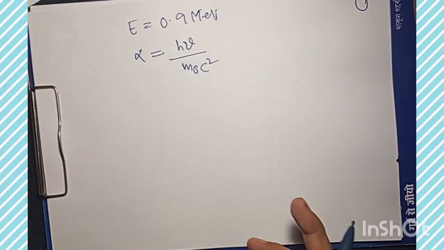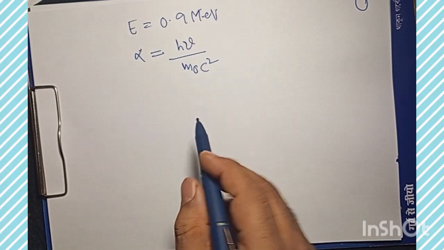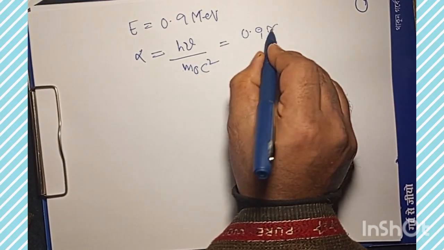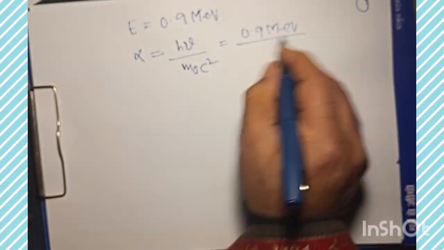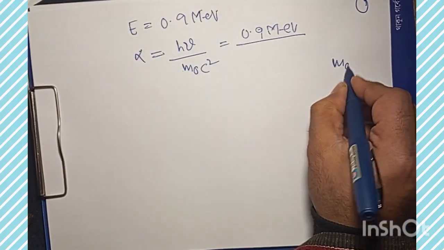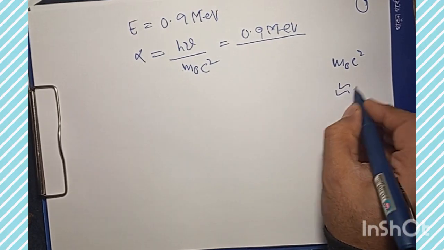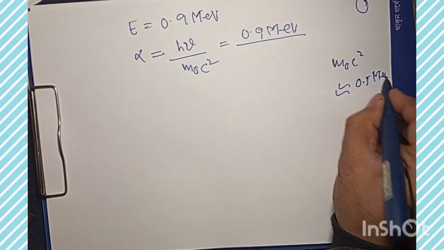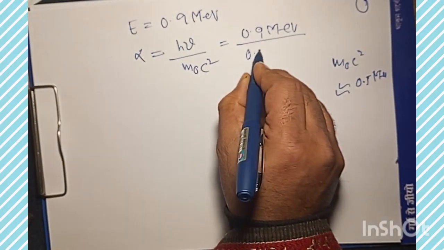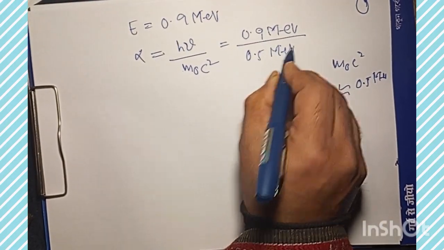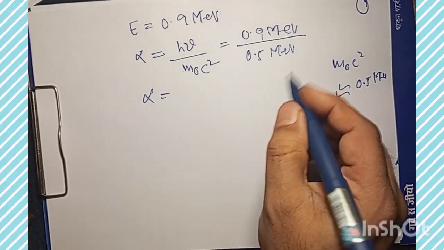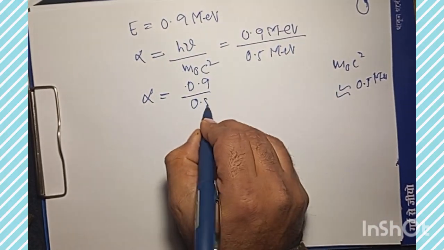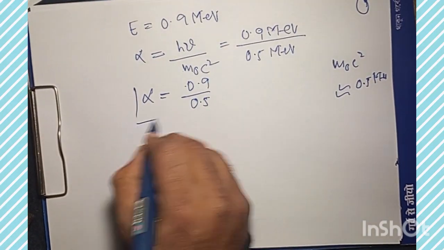So alpha is 0.9 mega electron volt divided by the rest mass energy, which nearly comes out to be 0.5 mega electron volts. So alpha is 0.9 by 0.5, right?